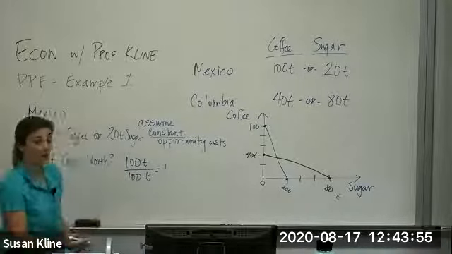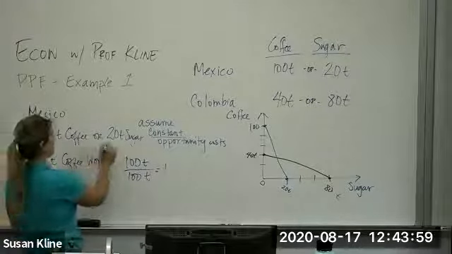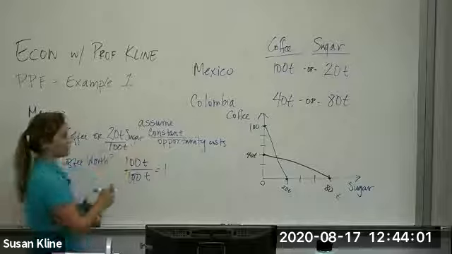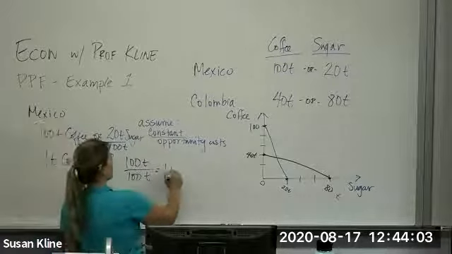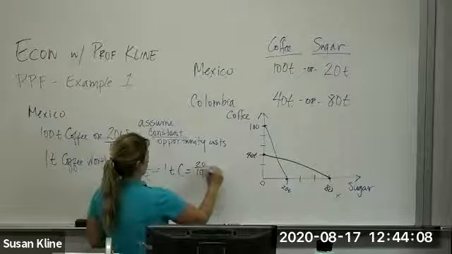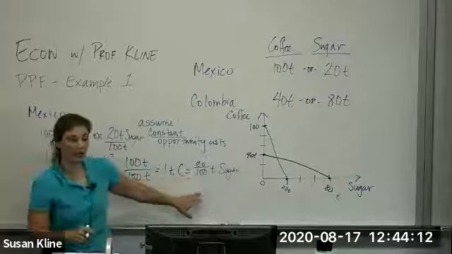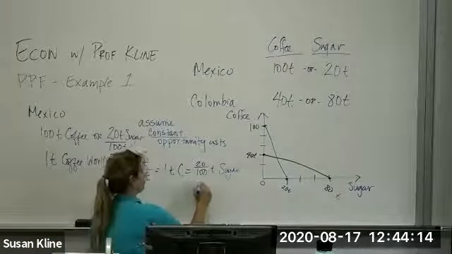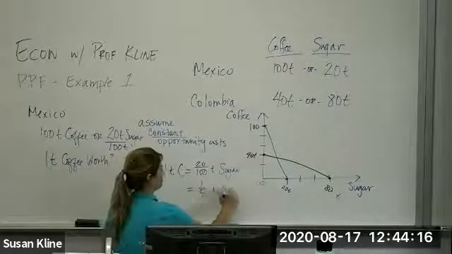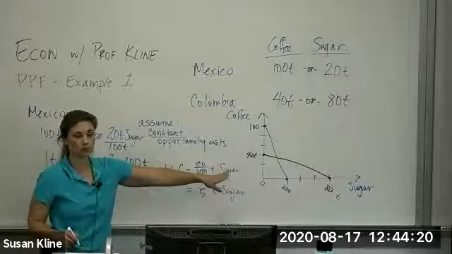And so now, in order to get me the opportunity cost, I take the 20 tons and divide by 100. And so this tells me 1 ton of coffee is worth 20 100ths, or 1/5. Or if you prefer decimals, 0.2, right?